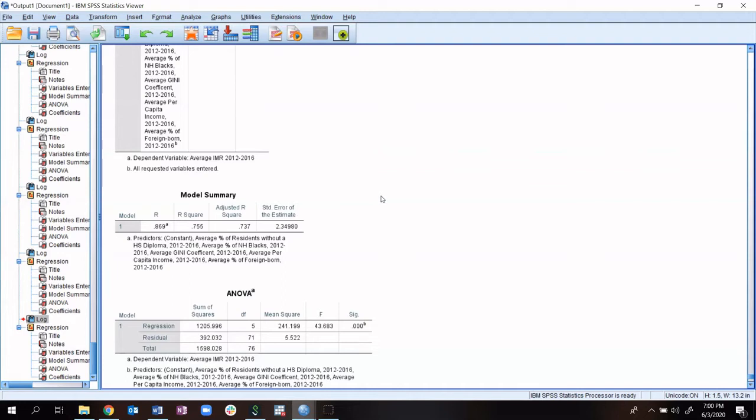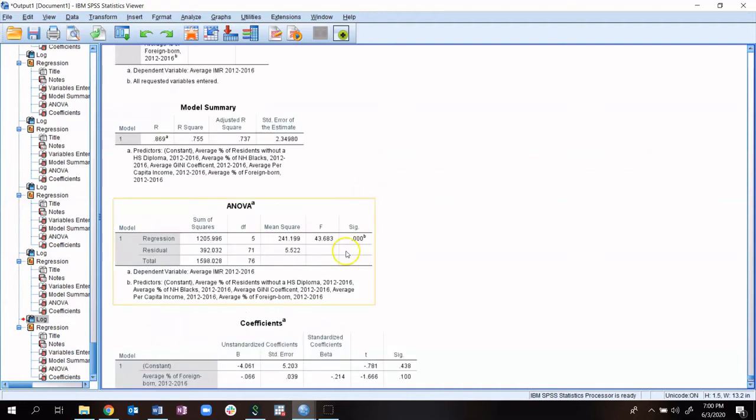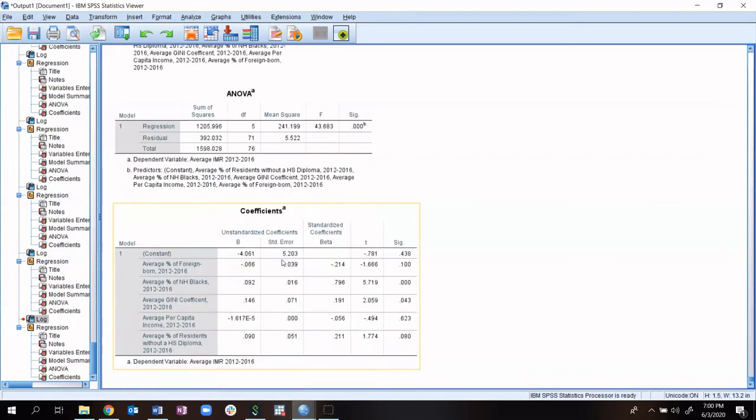So that's substantial. The adjusted R-square is going to range from 0 to 1, and the closer to 1, the better your model is. And then, not surprisingly, the ANOVA results show that this is a significant model.